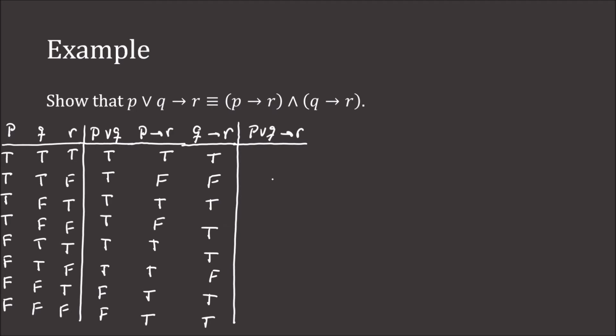So row 2 would be false, row 4 would be false, and row 6 would be false. Every other row is true.